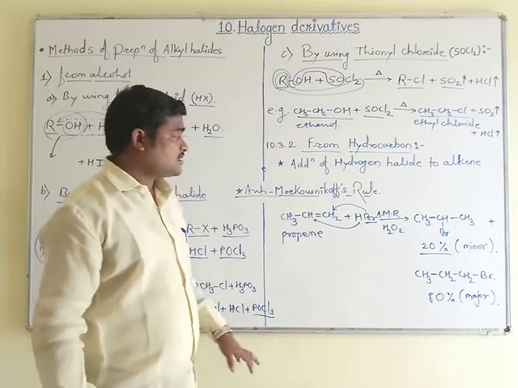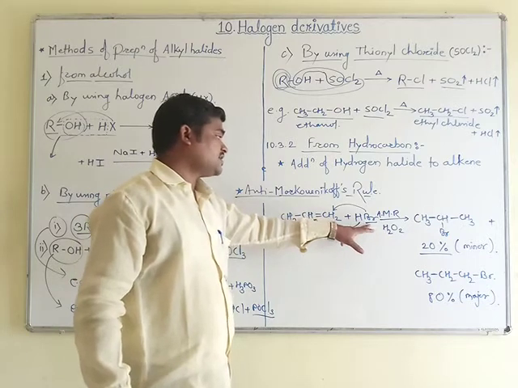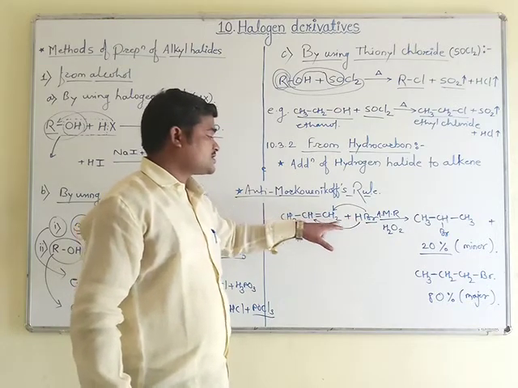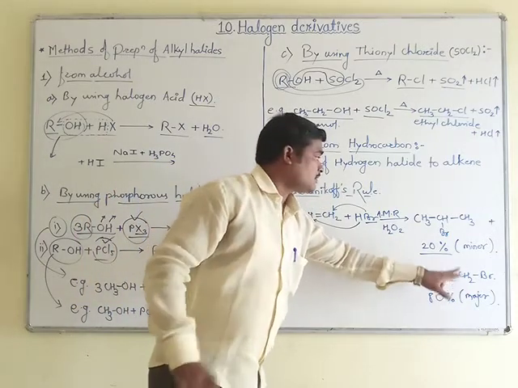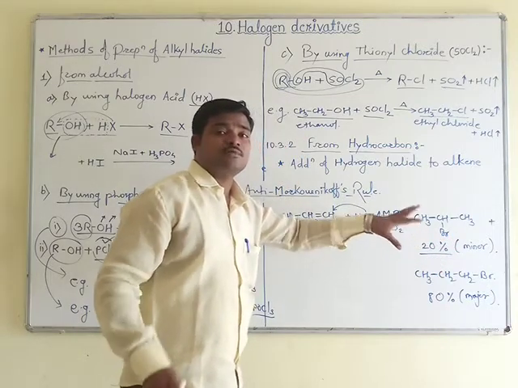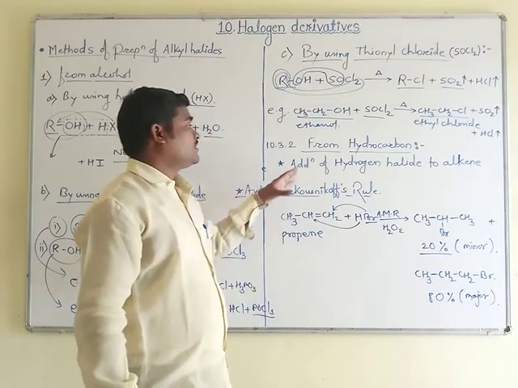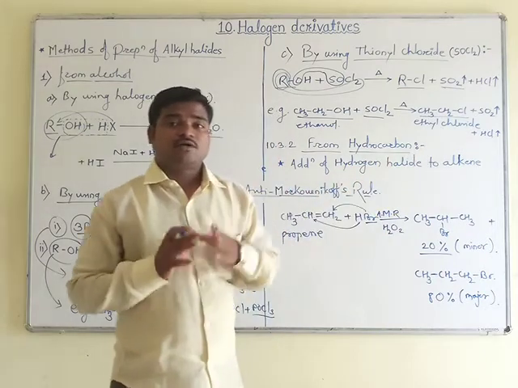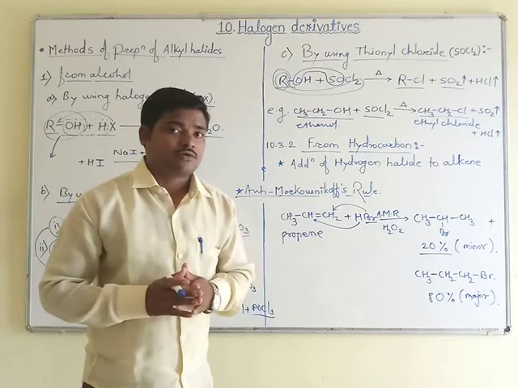Means what happened here: the negative part of the reagent adds to that part where the hydrogen atoms are more. The major product we are getting is 1-bromopropane, and the minor product, which is 20%, is isopropyl bromide. So this is the addition of hydrogen halides to alkene in two different ways, that is, according to the Markovnikov rule as well as the anti-Markovnikov rule.